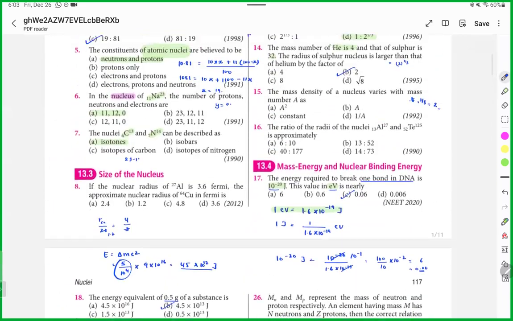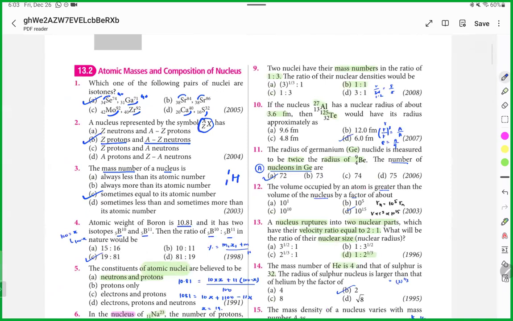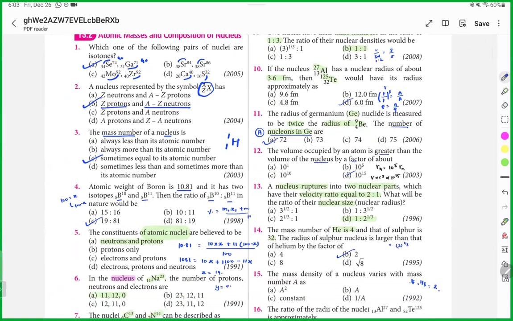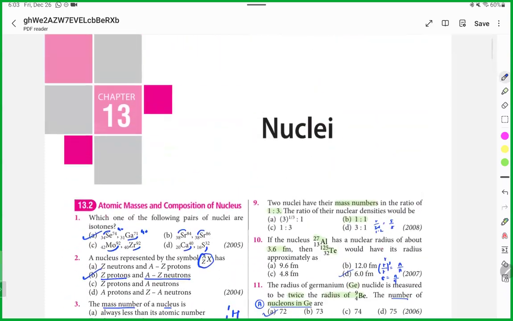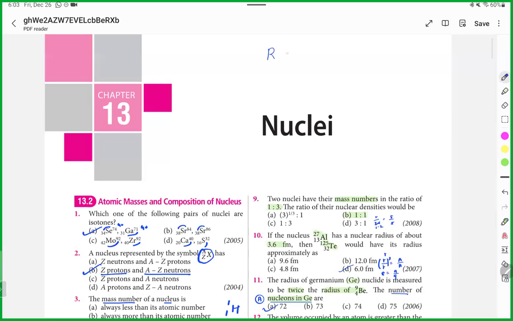Radioactivity we don't have in the syllabus, and with this we did all these questions. Whatever was left, like atomic mass, they can ask the number of Z value, atomic mass, neutron, electron, right? And percentage. In size of nucleus, there is a rule that R directly depends upon A to the power one-third, atomic mass.